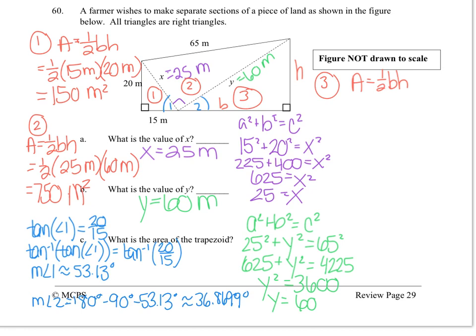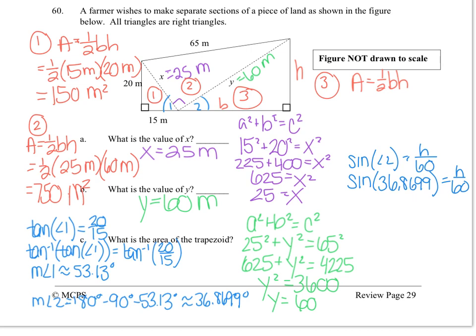Let's start with my height. If I know this angle measure and I know the hypotenuse, I can use sine, opposite over hypotenuse, to get my answer. So the sine of angle 2 is going to be h over 60 meters. So the sine of 36.8699 degrees equals h over 60.